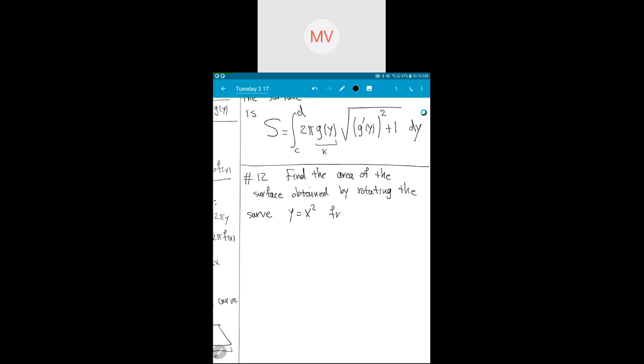Okay. From it's x squared plus 1, but let's do x squared and see.